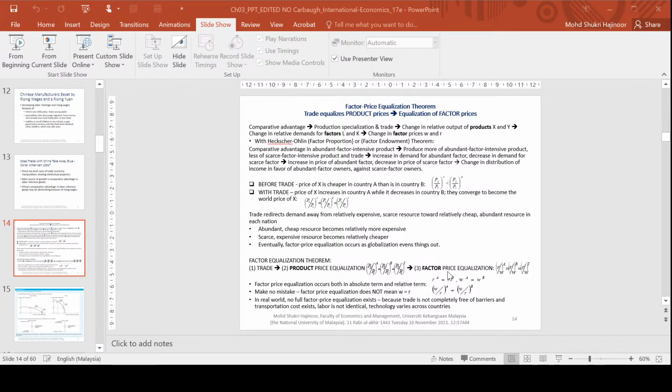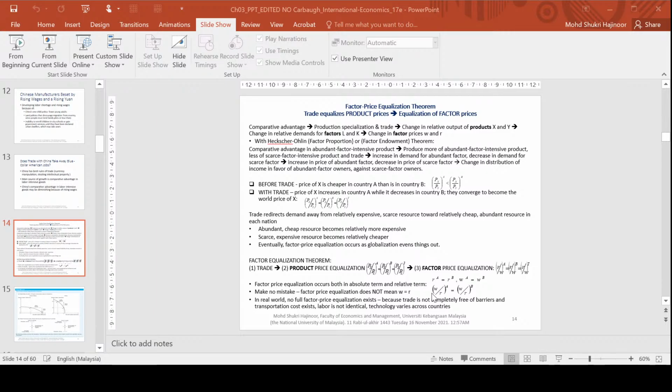The second part is the change in the factor prices, W over R or I over R, interest rate or R. This W over R will be the same all over the world.